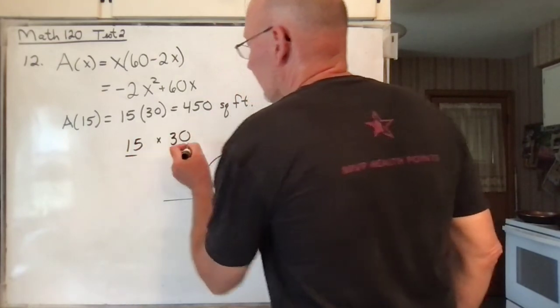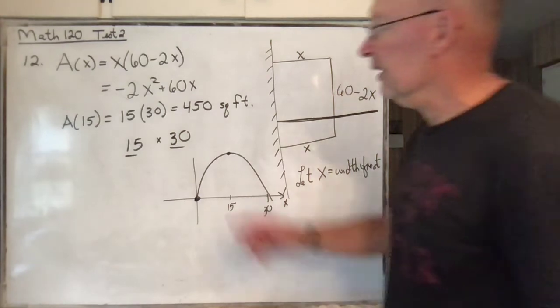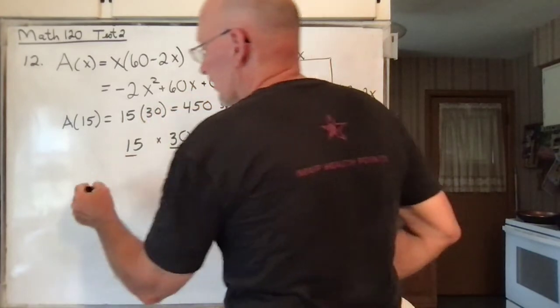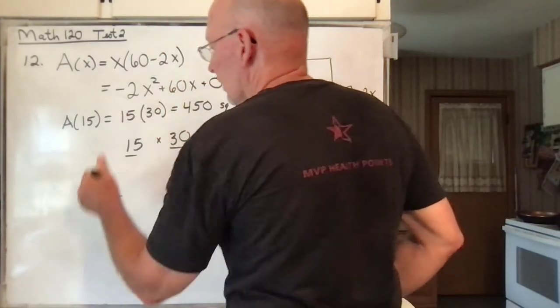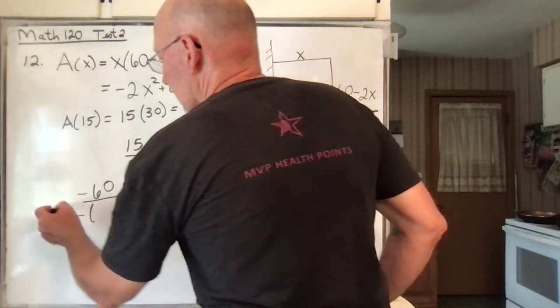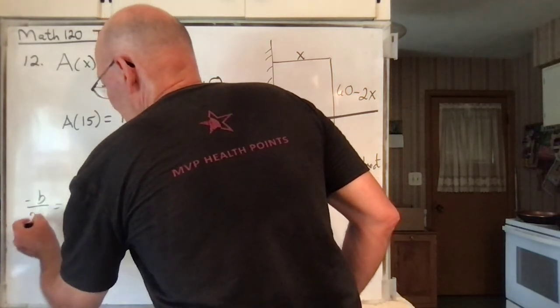That would be the answer. The other way to do it, I guess, if you remembered the formula again, you take negative b over 2a. Let me write it over here. Negative b over 2a.